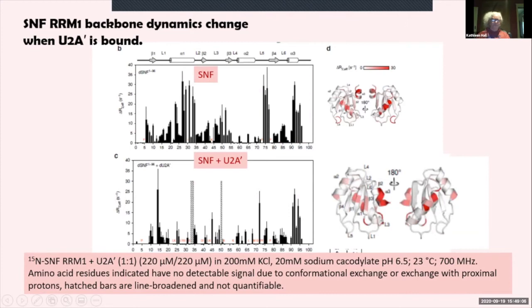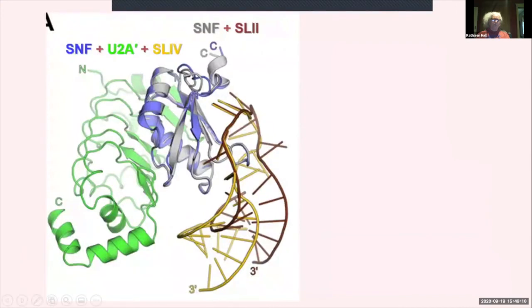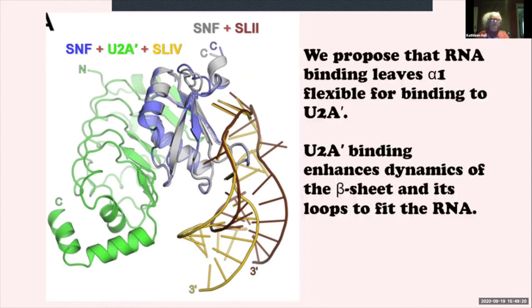So if we look at now the crystal structure of the two complexes, here's our A prime, which does not make any contact with the RNA, by the way, and it doesn't bind to RNA.